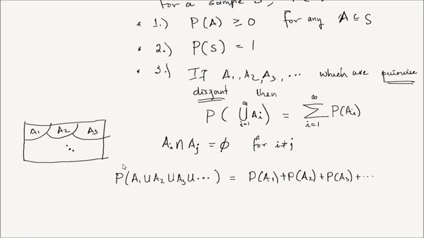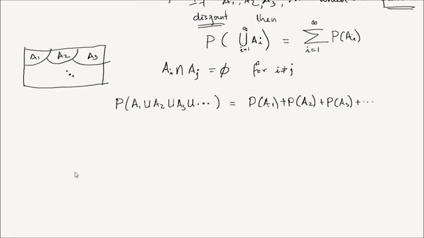These axioms give us a foundation on which we can assign probabilities to events in the sample space. As a consequence of the axioms, we have the following identities. The first identity is that for any A, which is a subset of the sample space, the probability of A complement is equal to 1 minus the probability of A.